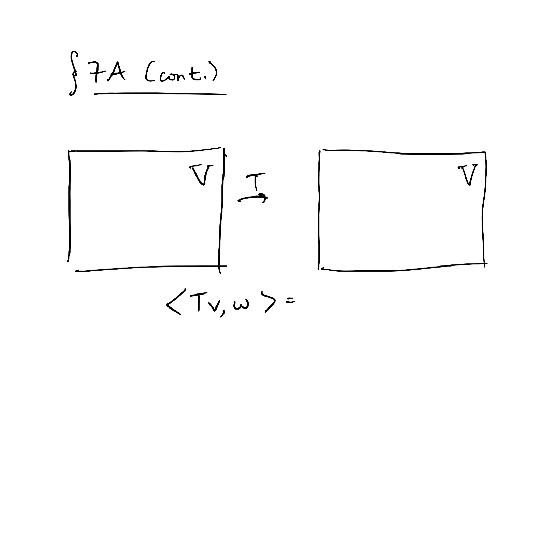If you do the inner product of TV with W, that's the same as doing the inner product of V with T star W. So in that sense, T star acts right to left in that picture.